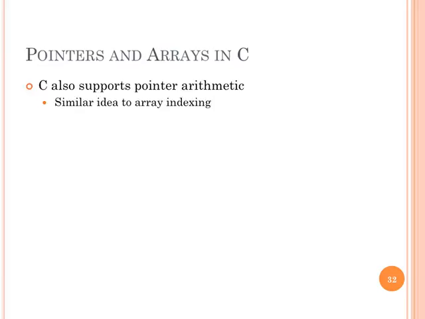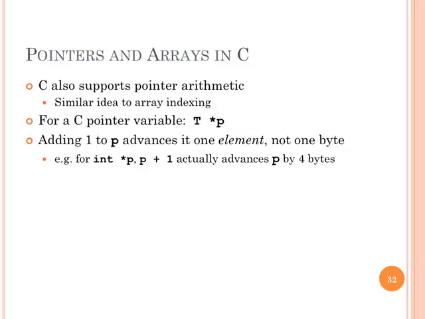So let's look at just a few more things and then we'll wrap up. C also has this weird pointer arithmetic thing, and this is where it gets a little bit weird. When we say T star P, so P is some pointer of type T, we can add 1 to that pointer. But it doesn't just add 1 byte to it, it adds 1 element size, or 1 size of T, to it.